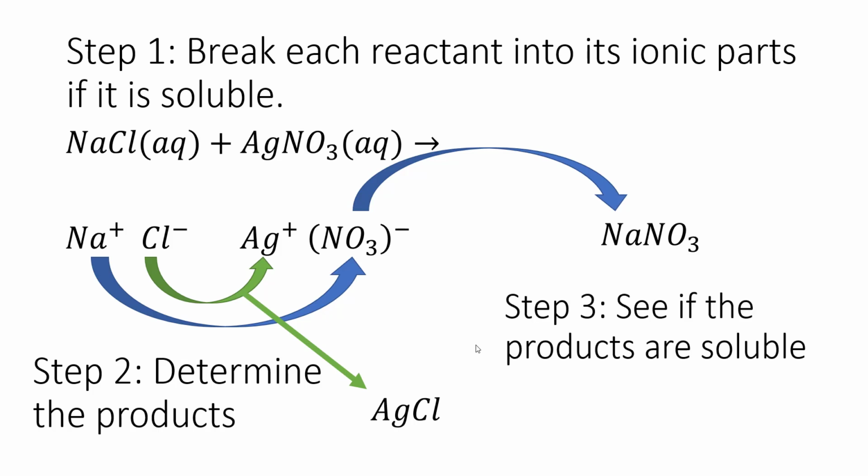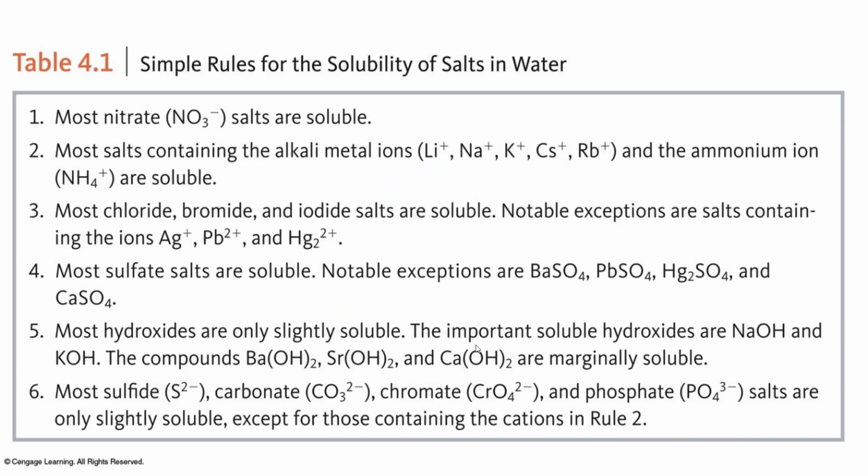Now the next step is see if our products are soluble. So we go back to our solubility table and we're asking, okay, which of these rules applies to each of our compounds? So sodium nitrate is going to be soluble because of the first rule. It's got a nitrate in it, so it's soluble. But what about silver chloride? Look at rule 3. Rule 3 says most chlorides are soluble, so we would think it's soluble.